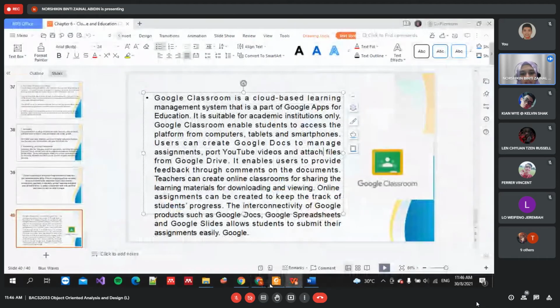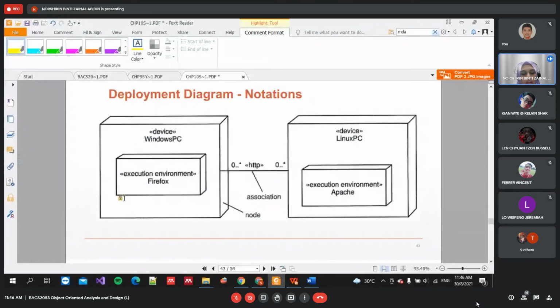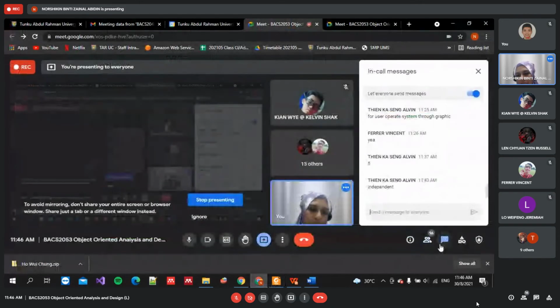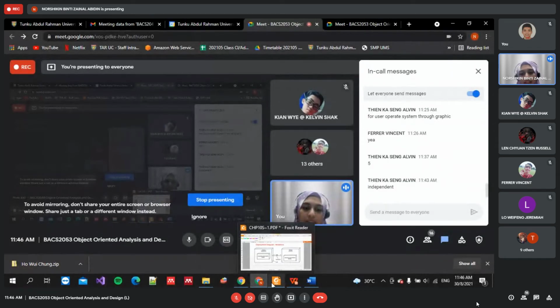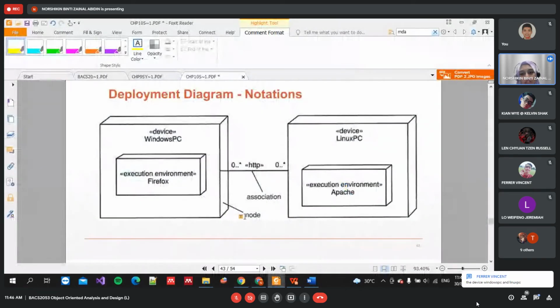Concanshack, sorry, what is the node for this one? What is the node referring to on this one? Alvin. Daniel, where is Daniel? Daniel, the node is referring to the physical hardware. So what do you think is the node for this one?